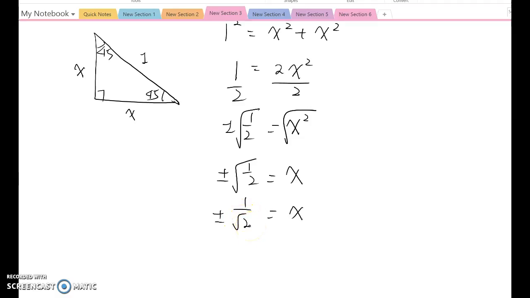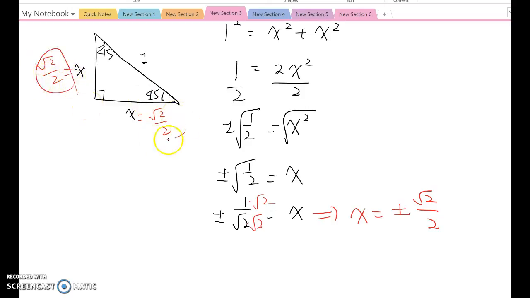But we usually don't write an irrational value in the denominator, so rationalize it, which means multiply by root 2, then x equals plus and minus root 2 over 2. But this is length, and length we usually indicate by only a positive value, so each x must be root 2 over 2. That value will be the key value for this case.